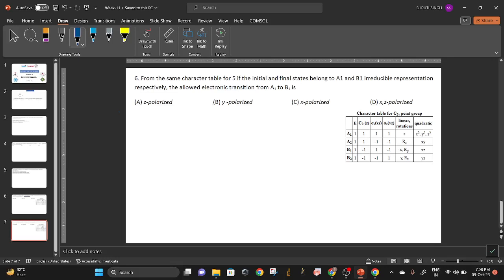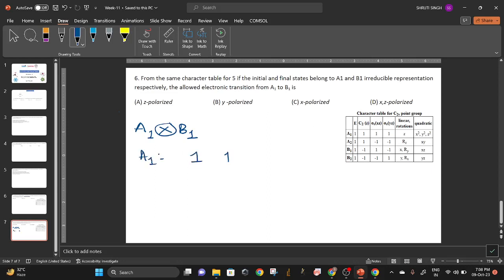In these types of questions, what we need to find is, from A1 to B1, the direct product, A1 cross B1. So what are the characters of A1? Let's write A1 first.